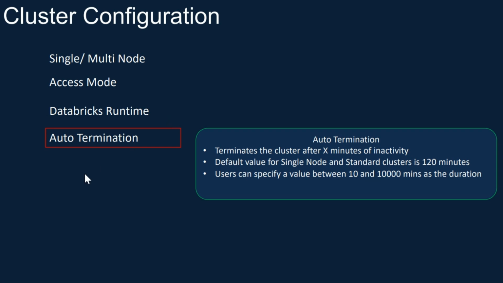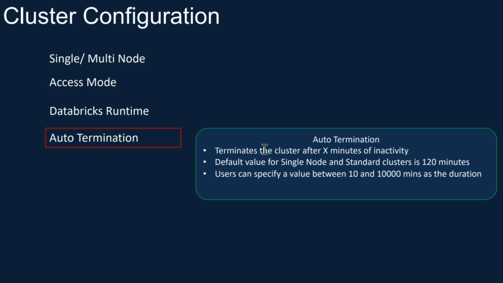So the fourth one is auto termination. Auto termination is a nice feature that will avoid unnecessary costs on idle clusters. That means it's especially useful for preventing them from running during the evenings and weekends when they are not in use.